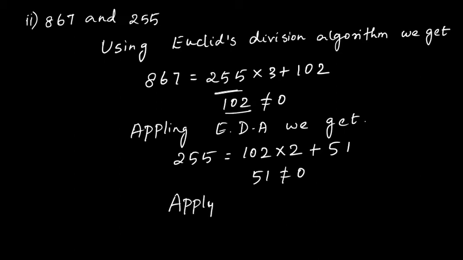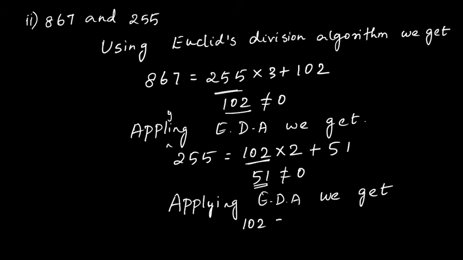Applying Euclid's division algorithm we get, so write 102 in terms of 51. So 102 is equal to 51, 2 times, then you get a remainder 0. So the HCF value of 867 and 255 is nothing but 51.